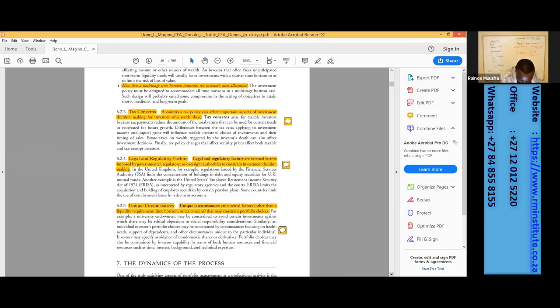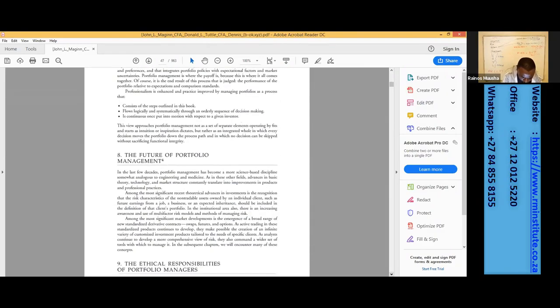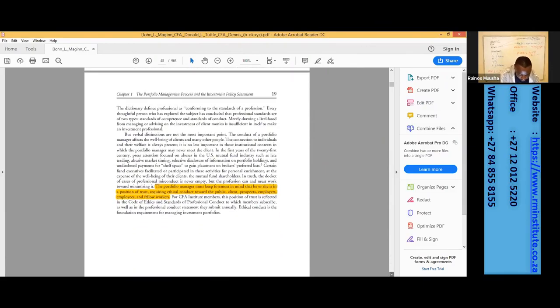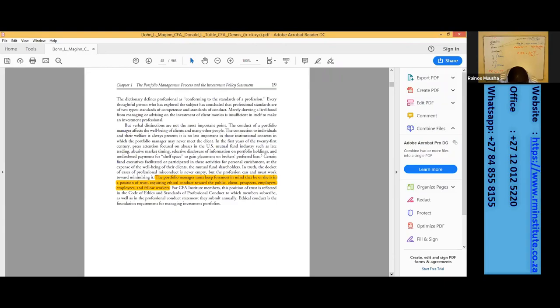So on section 9, which looks at the ethical responsibility of portfolio managers, on page 19, line number 6 from the bottom, they say the portfolio manager must keep foremost in mind that he or she is in a position of trust, requiring ethical conduct towards the public, clients, prospects, employers, employees, and fellow workers as well.